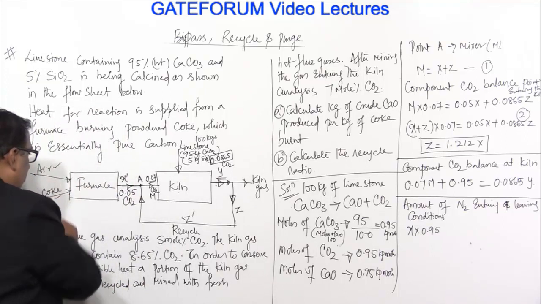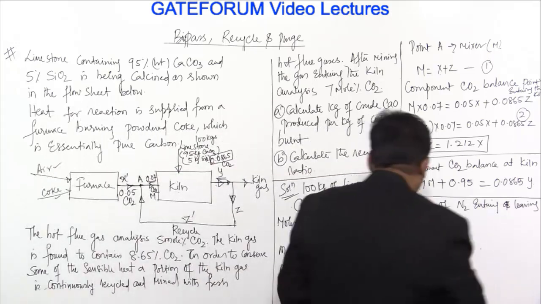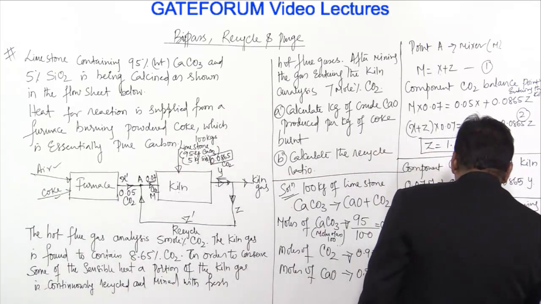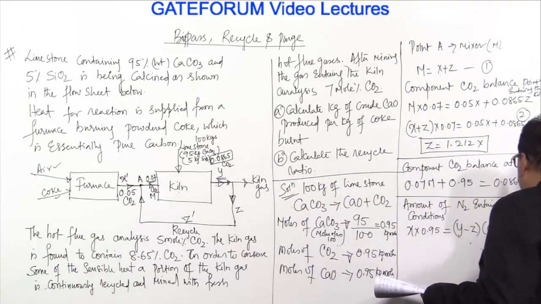In air, 95% we take as the nitrogen which is entering, is equal to y minus z, 0.9135.